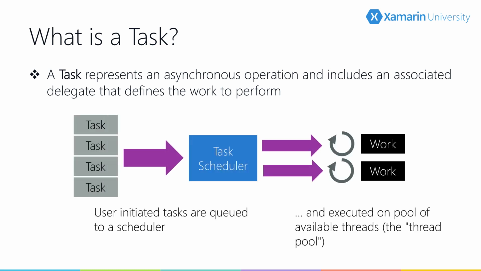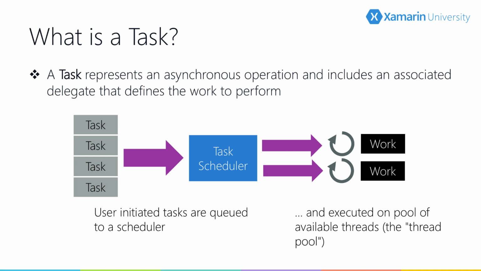So we can use the task parallel library to queue up individual tasks. Each will be associated with a thread, and we will pass in a delegate. In .NET, we find something called the task scheduler. The task scheduler will take care of all the tasks that we are planning to run. And the task scheduler tries to be intelligent.